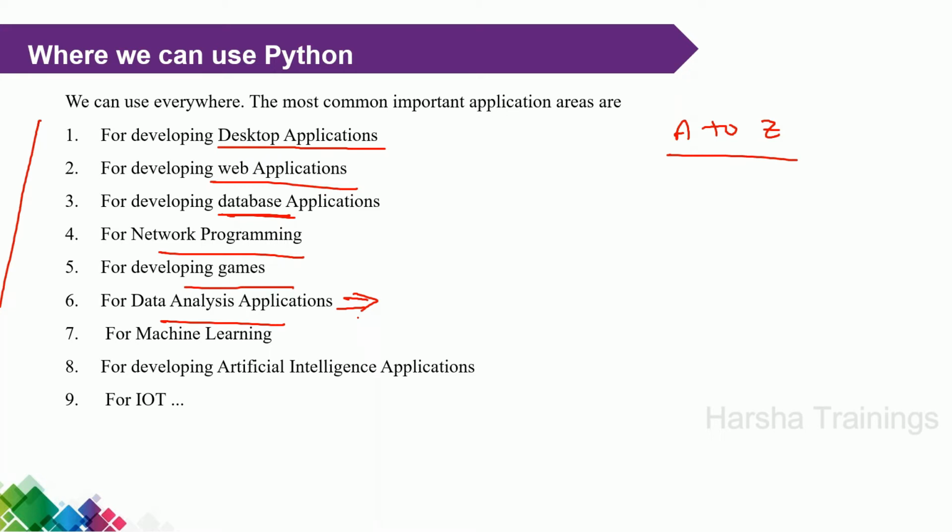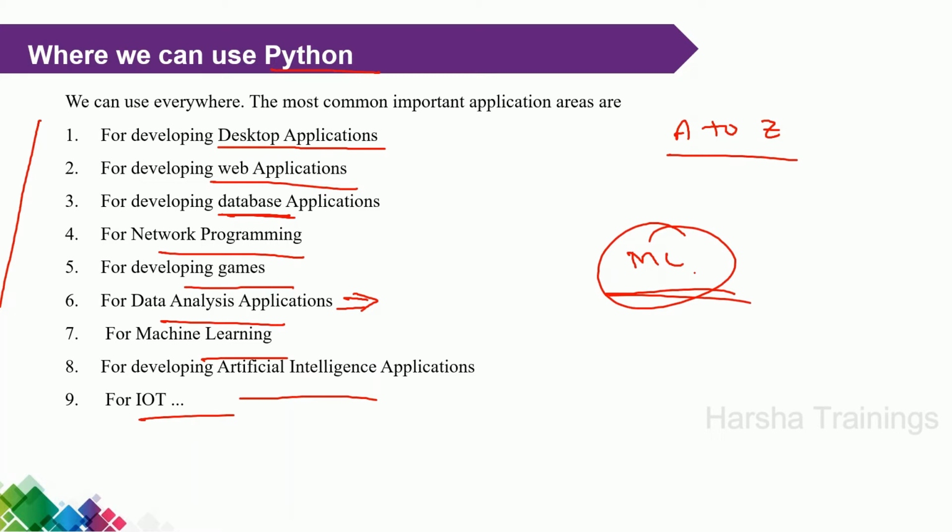For example, I am doing this task right now. After 1 hour, I am doing this task. After 2 hours, I am doing this task. Based on the analysis, in the next 1 hour, what we are going to do, that is called analysis. So in the analysis, Python plays a crucial role. Machine learning, artificial intelligence, IoT, most of all the machine learning. So machine learning plays a crucial role in the real world right now.